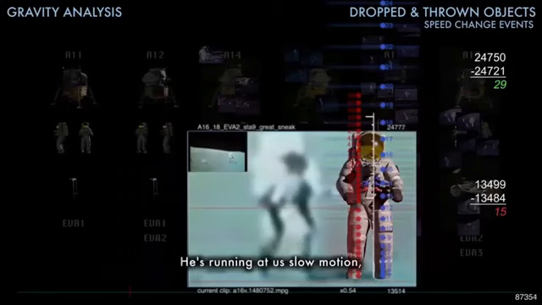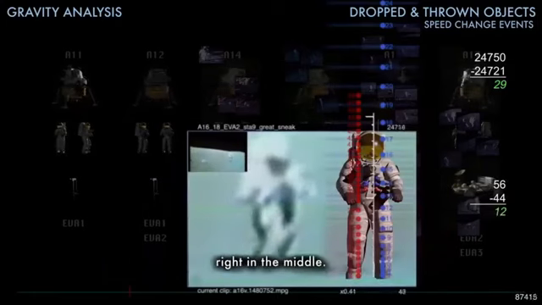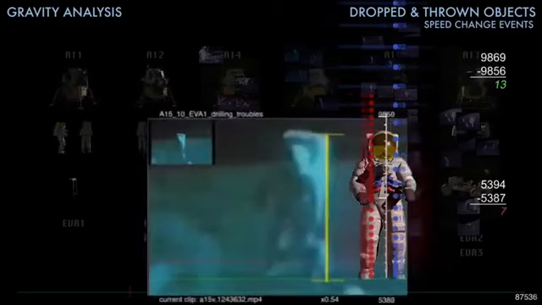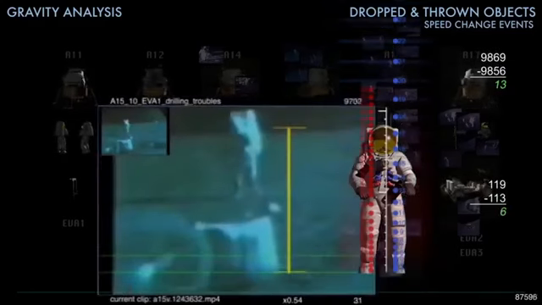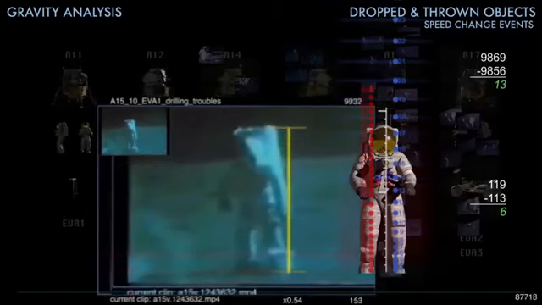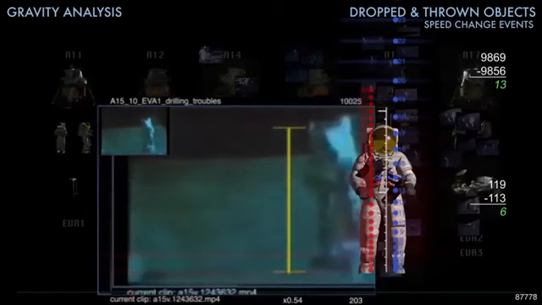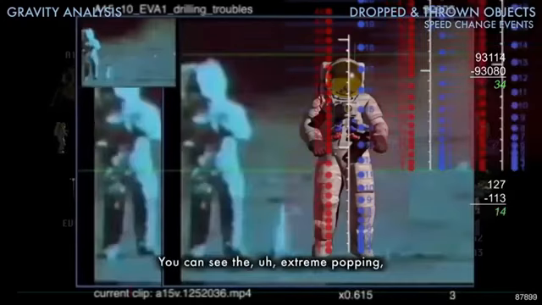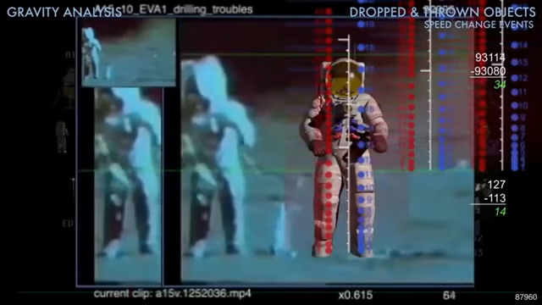He's running at us in slow motion, and there's a speed change right in the middle. You can see extreme popping and mucking up of the footage.